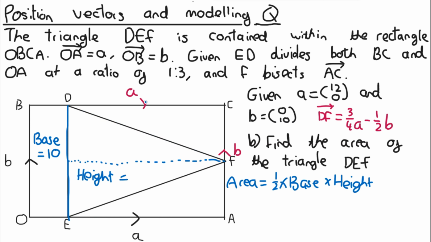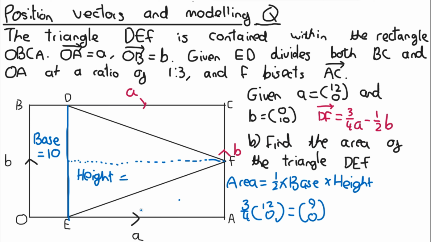The other way you could do it, though, a lot simpler, is this is A up here and this is parallel to A, and more specifically, this is parallel to DC and it's the same size, and we figured out DC from before. It's 3 over 4 of A, and now we know that 3 over 4 of A is going to be 3 over 4 of (12, 0), which is equal to (9, 0).